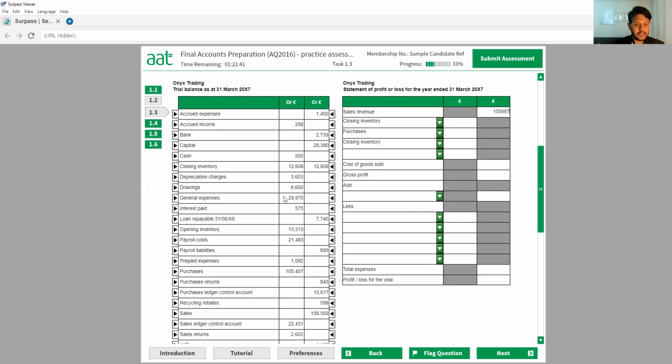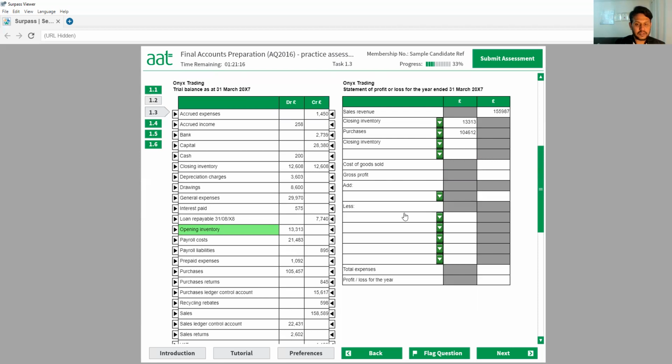So let's have a look how much is the opening inventory we have. Opening inventory is 13,313. And we have a purchase. The purchase we have done the workings, so that is 104,612.